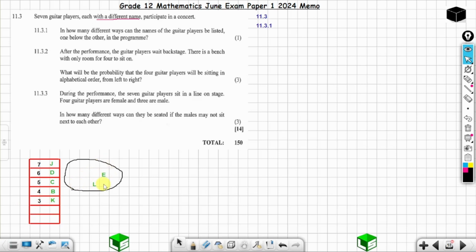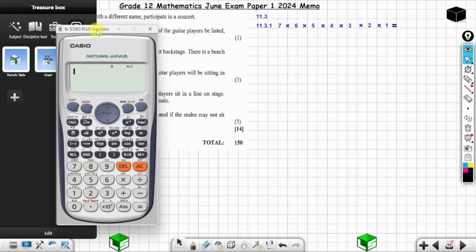Now I'm left with 2 options, so I can put L. I have 1 option to choose from. So you are required to put their names one below the other, and these are all the options you have: 7 times 6 times 5 all the way to 1. So this is equal to, you can use your calculator.